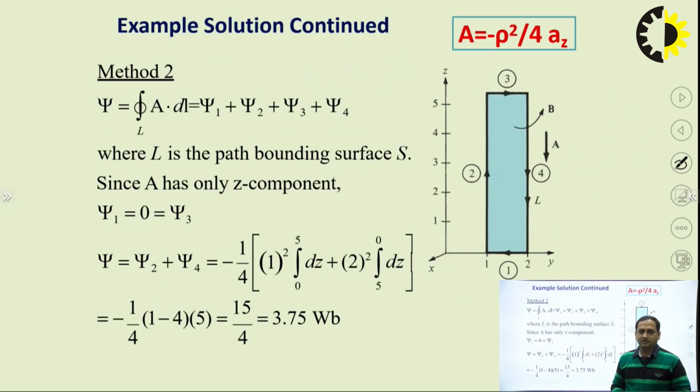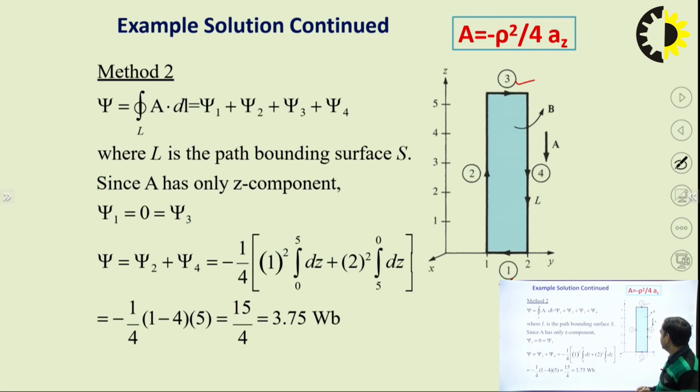There is another method for solving this same problem. In method 2 we have to find the total flux passing through all the segments. So psi 1 and psi 3 will be 0, but there will be a psi 2 and psi 4. Psi 1 and psi 3 will be 0 because this is parallel to the y direction, right?